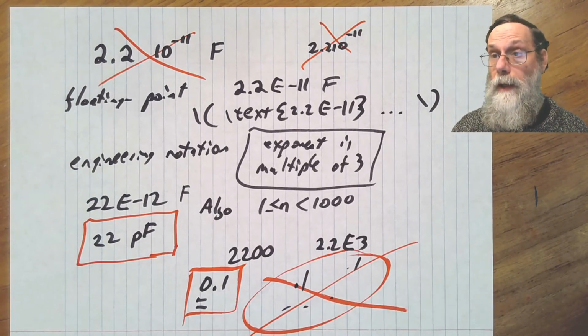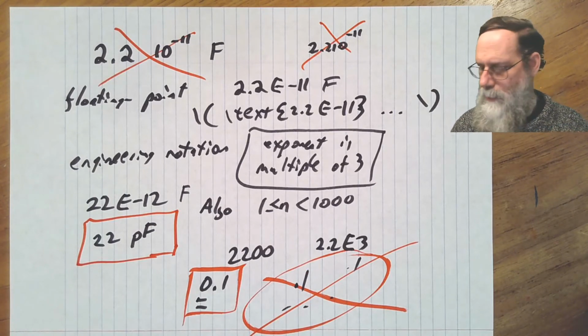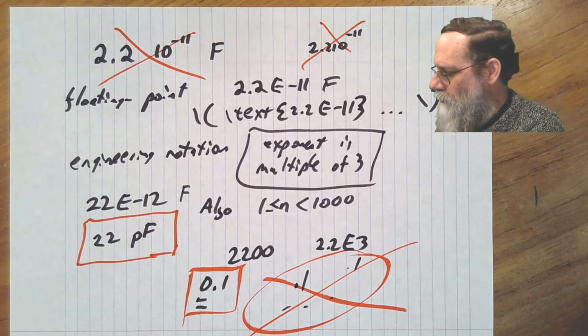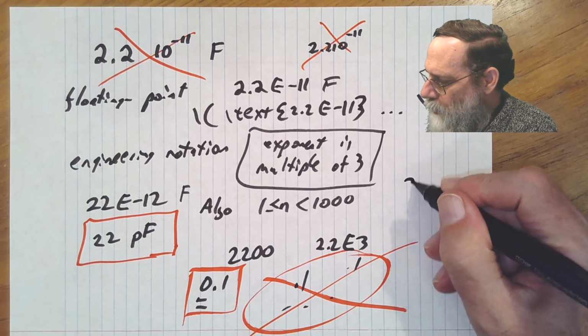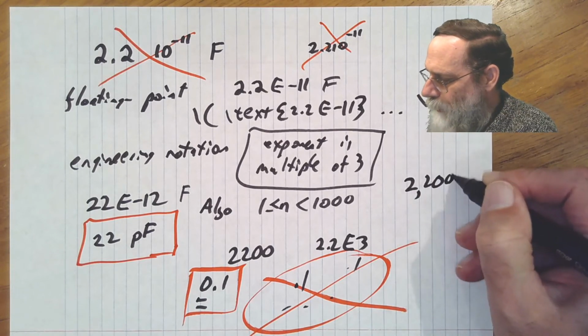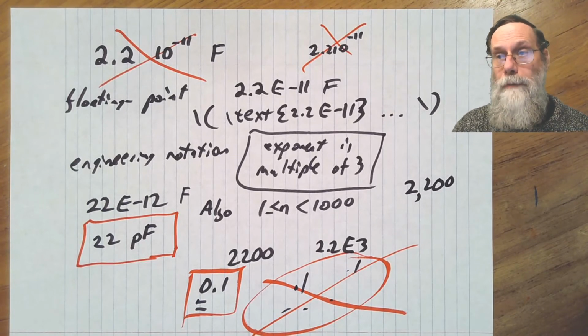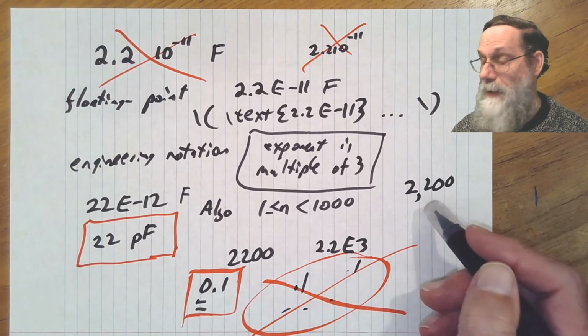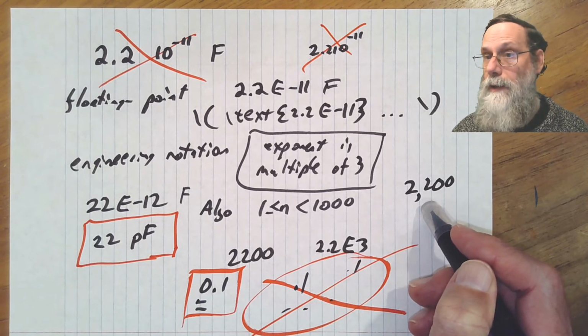One other little thing. If you're grouping numbers, don't use commas to separate thousands. So I don't want to ever see something that's written like 2,200. Why? Well, one problem is that sometimes, particularly in handwriting, commas and periods are hard to tell apart, or in small fonts.